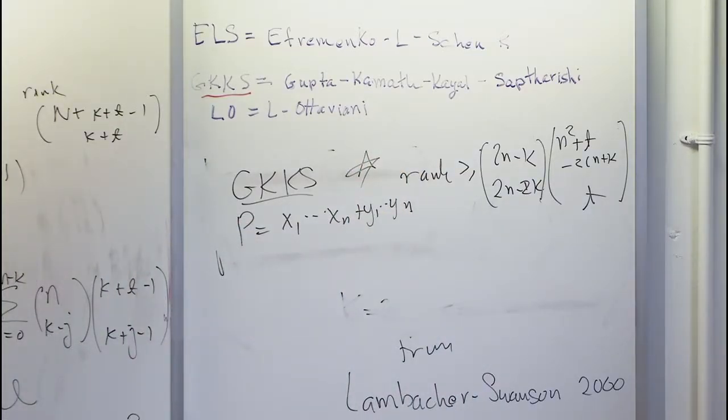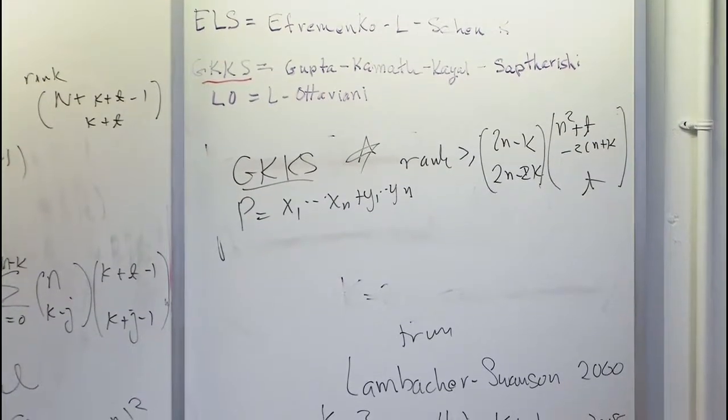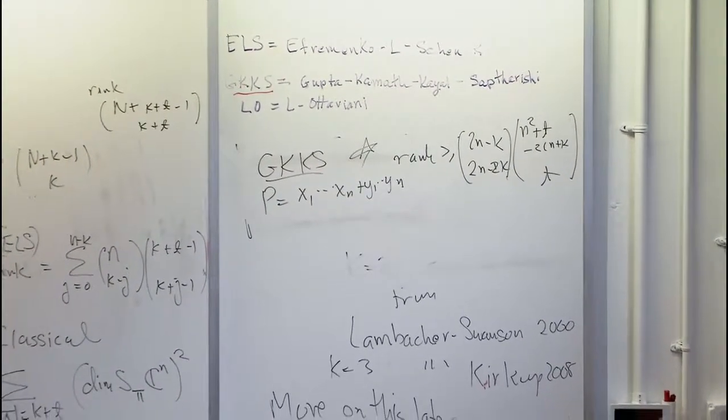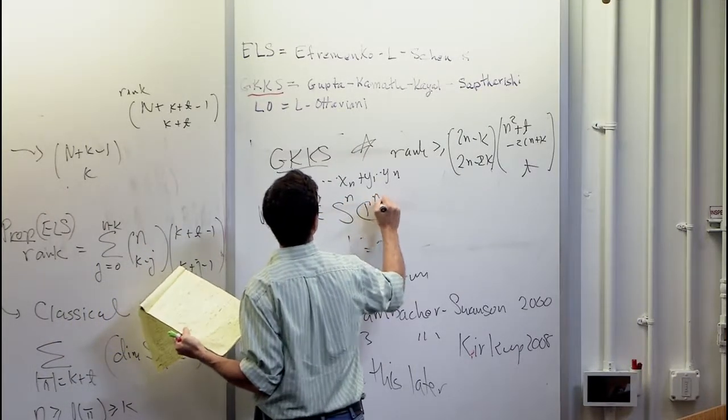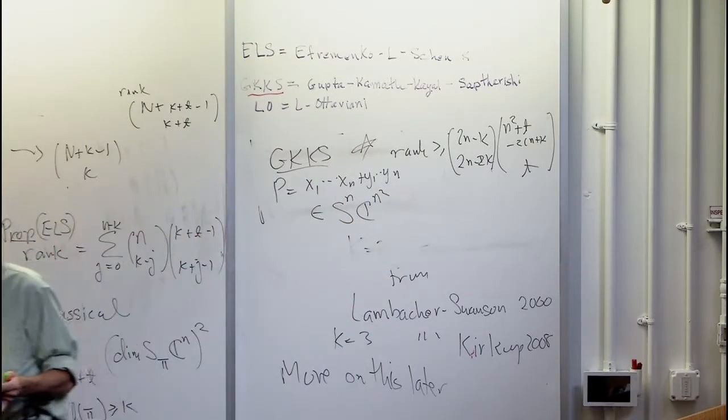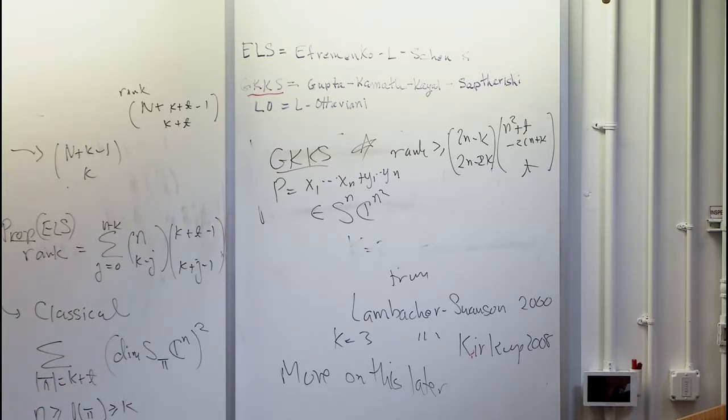This n squared, where did it come from? N squared is the number of variables. In this polynomial, n is the number. Yes, but I'm considering this inside Sym^n of C^{n squared}, and it just happens to use only 2n of the variables. Y_1 to Y_n are separate from x_1, x_2? That's correct. So N squared is capital N?